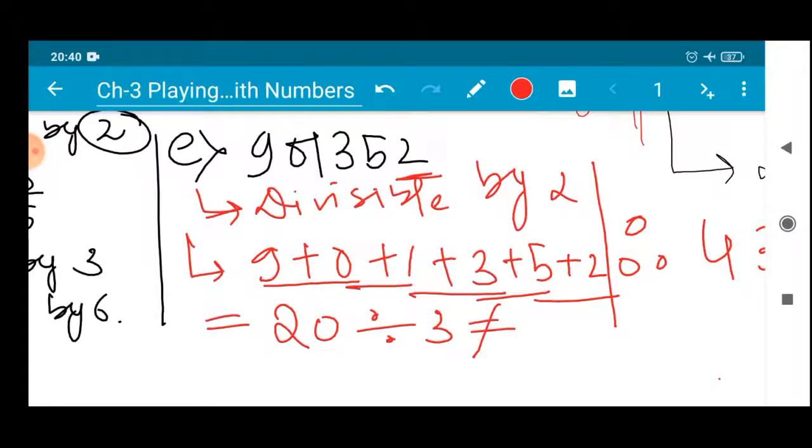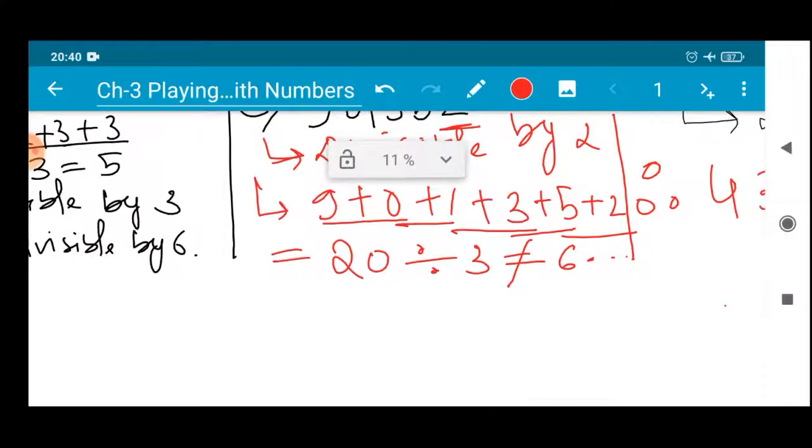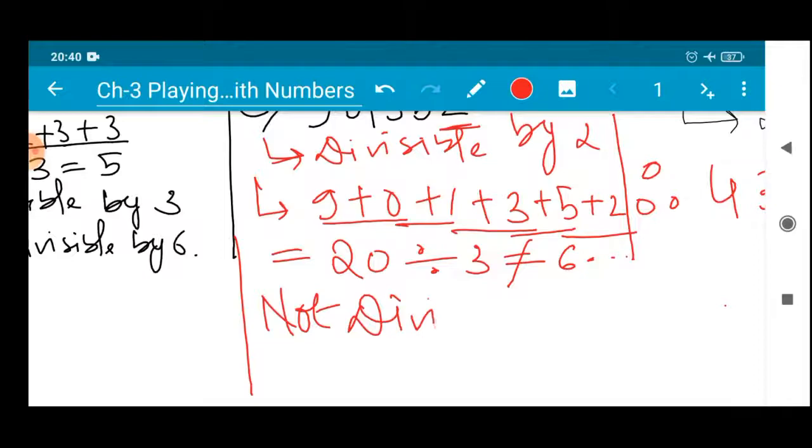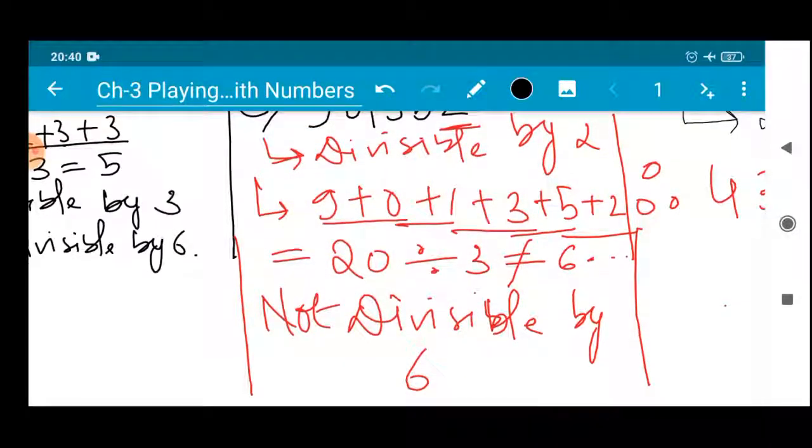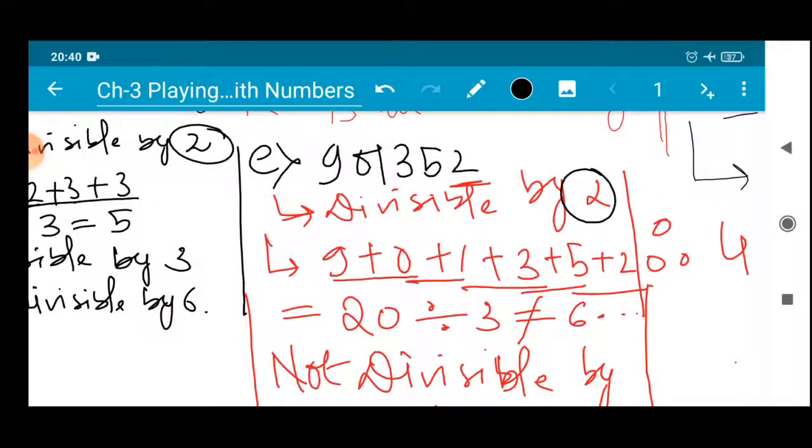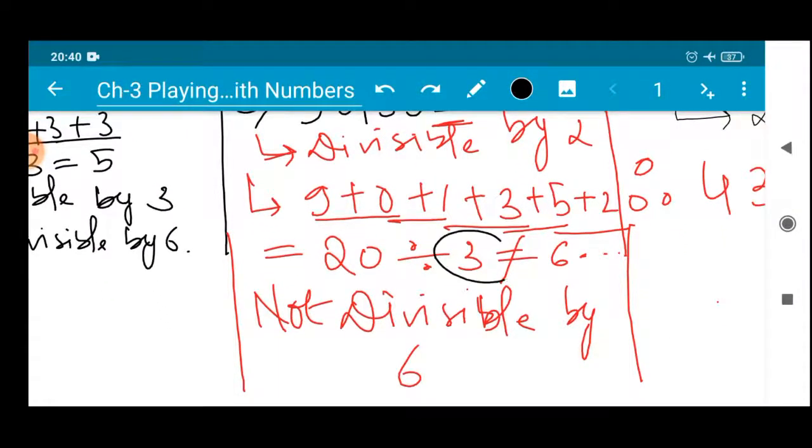You will get a decimal value, 6 point something. So this is not a perfect number. So we will write not divisible by 6. Why? Because this number is not divisible by 3. It is only divisible by 2. So it is not divisible by 6 also. Okay, so therefore should be mentioned.